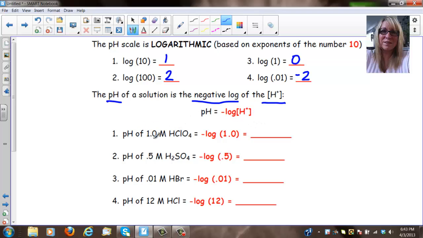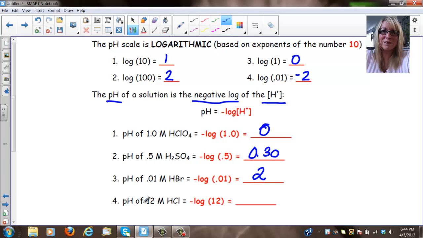So if I have 1 molar HClO4, I would do negative log of 1, and I would get an answer of 0. For 0.5, I would do negative log of 0.5, and I would get 0.30. For 0.01, I get a pH of 2.